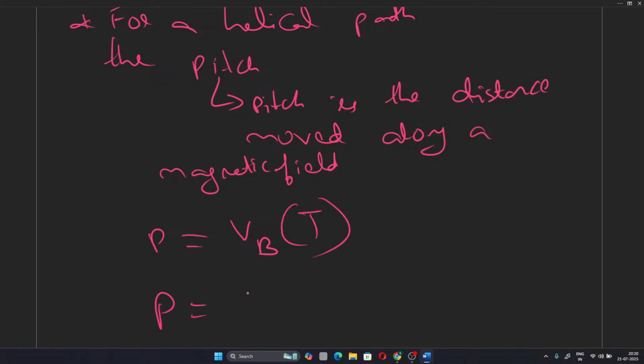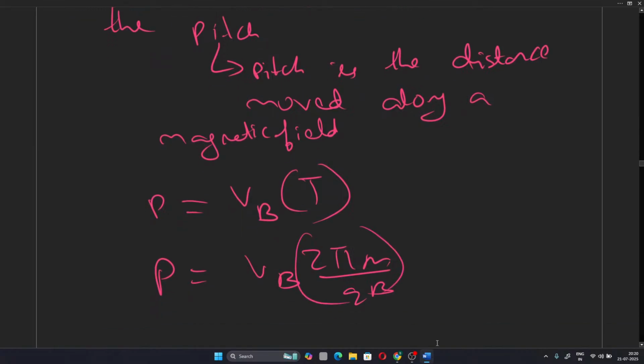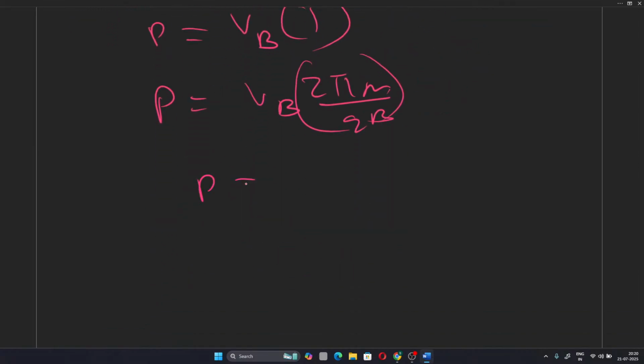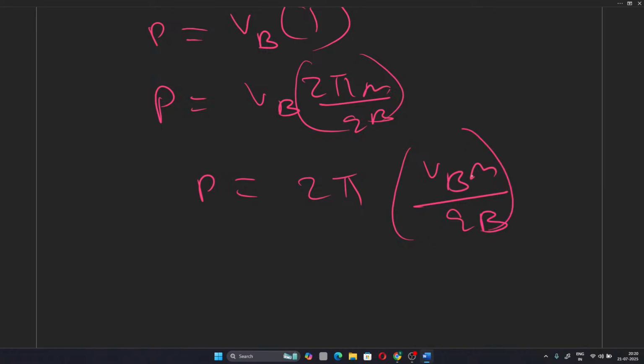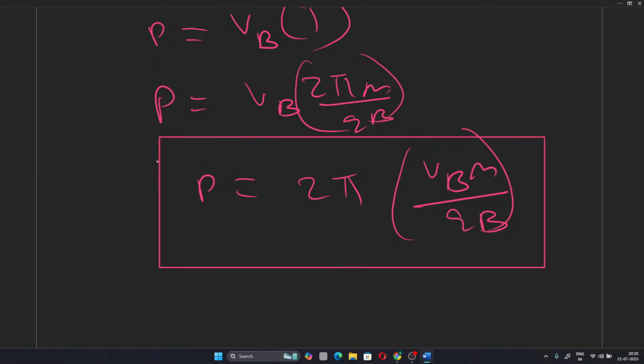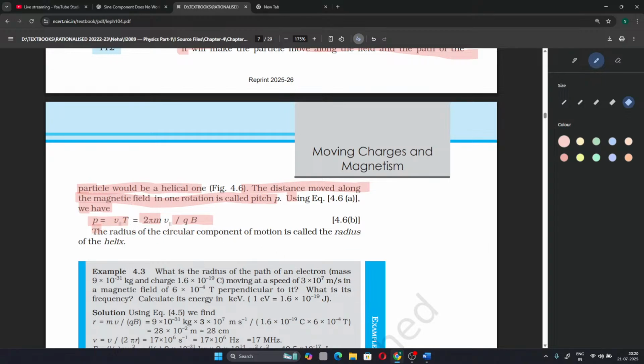We can write it as p equals 2 pi m v parallel by qB, which we can write as the momentum along the magnetic field direction. This is the final equation they gave. The radius of the circular component of the motion is called the radius of the helix.